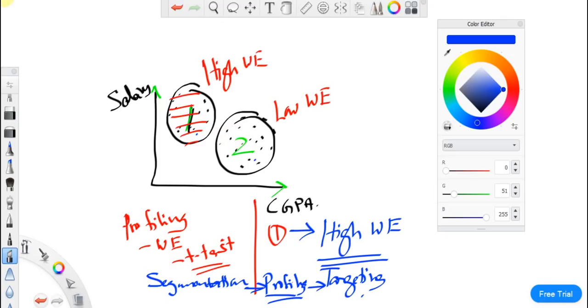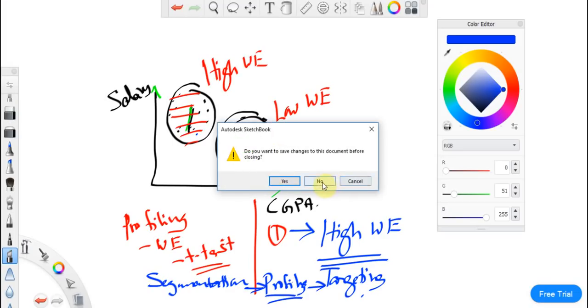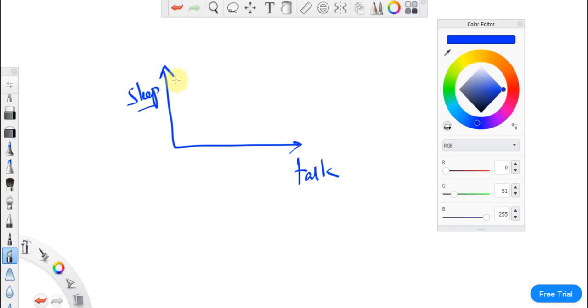Maybe we will use one more example that we did in the class. We used an example of those who talk in the class and those who sleep in the class, and there are two groups.